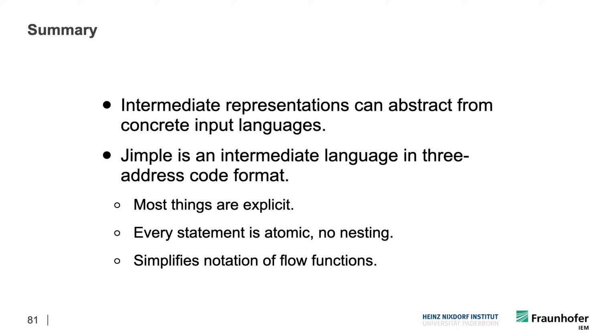And this is nice, because once you have then written an analysis that can operate on the Jimple intermediate representation, you can apply it to any program written in any of these languages. So we can use Soot, for instance, to analyze Java bytecode and source code, and also Python programs.